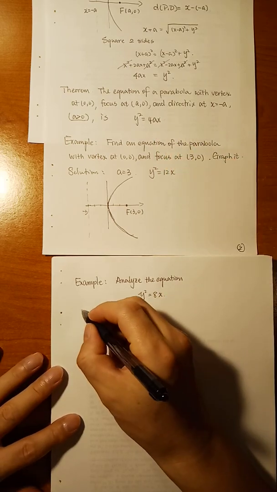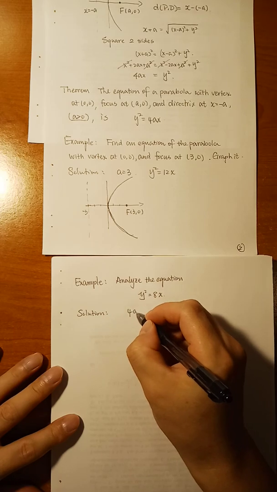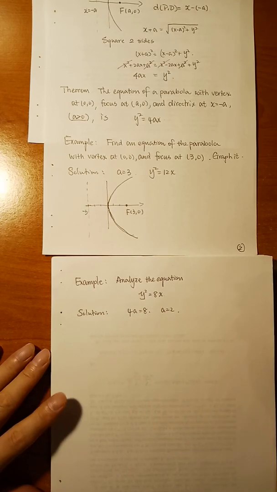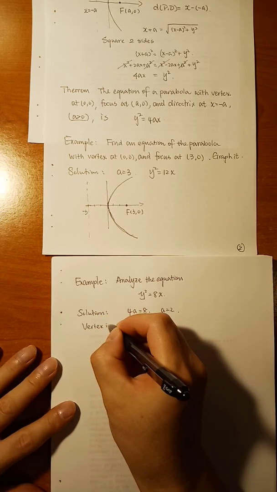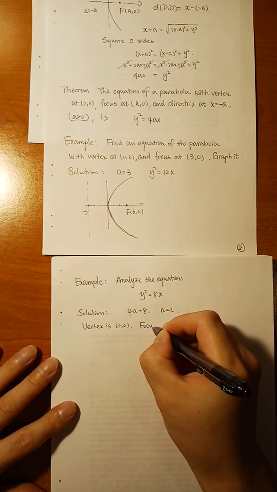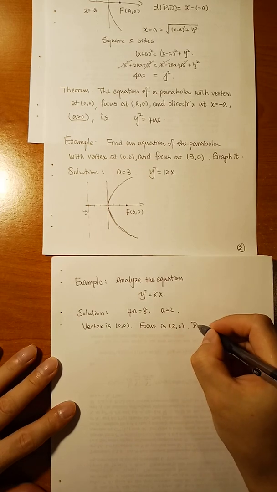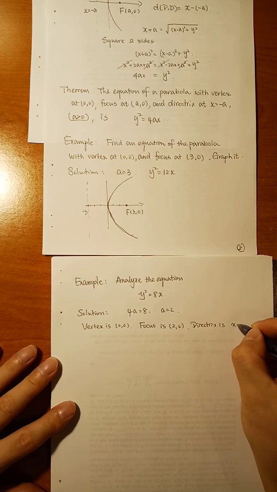So we get 4a is equal to 8, then a is 2. Vertex is (0, 0). Focus is (2, 0). Directrix is x equal to negative 2.